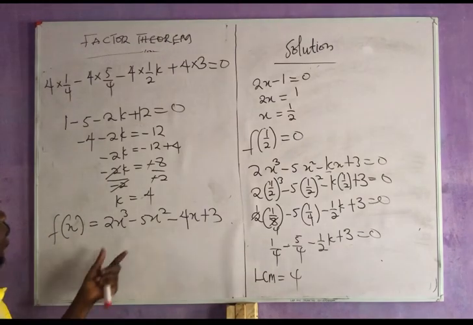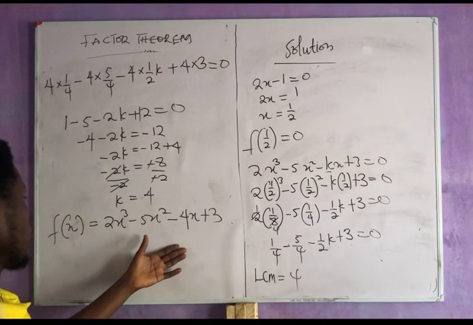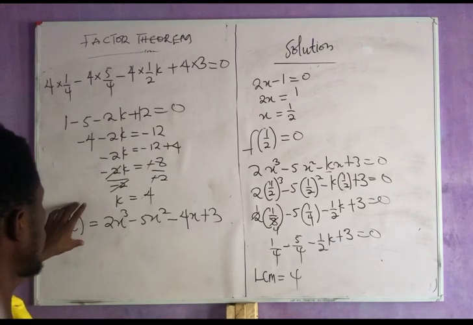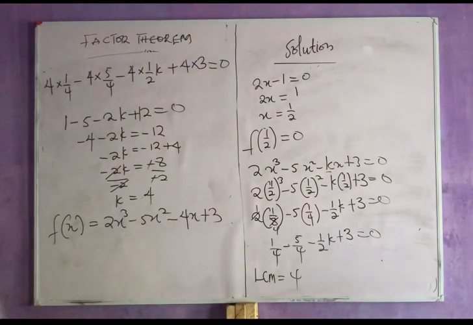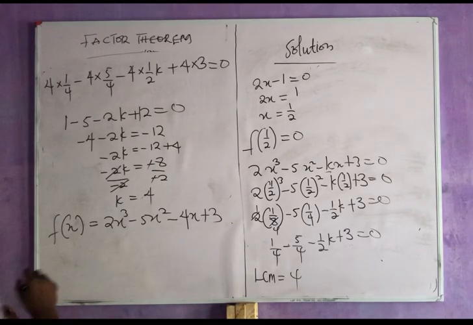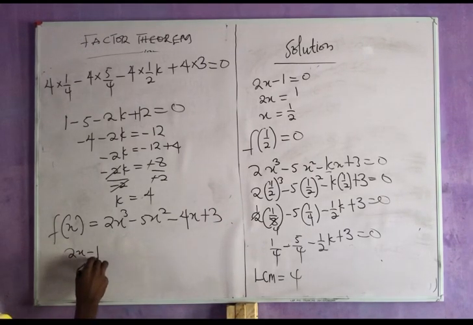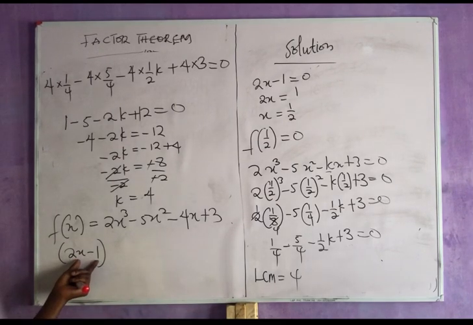The next question said we should find the other two factors. What we do here is very simple. They have already given us a factor, which is 2x minus 1. We need to use this one to get the other two factors.